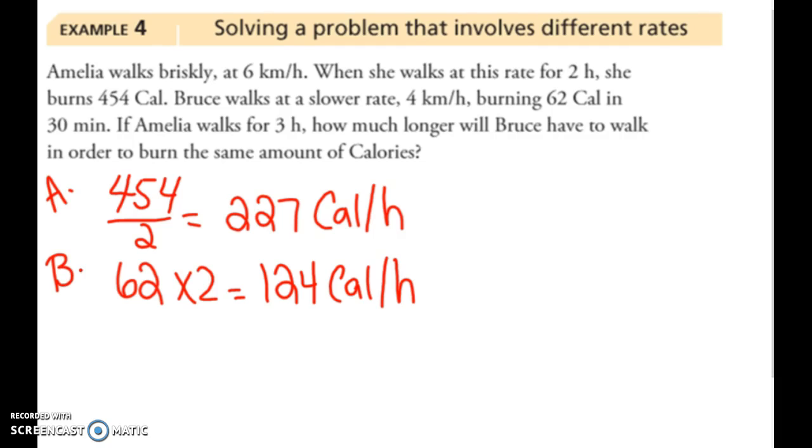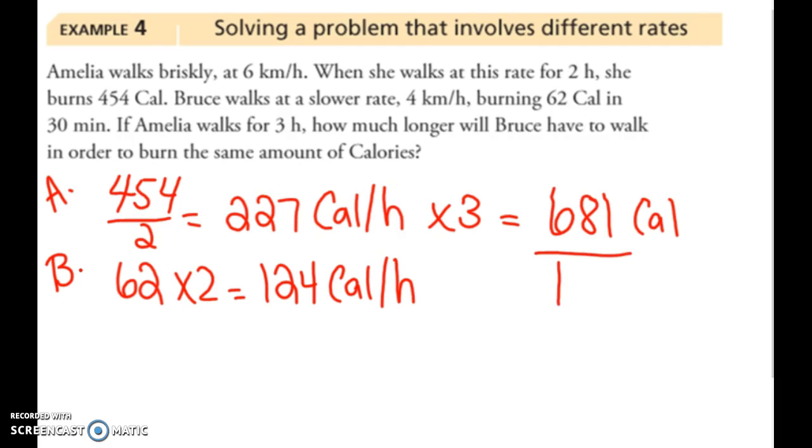If Amelia walks for 3 hours, how much longer will Bruce have to walk in order to burn the same amount of calories? So if she walks for 3 hours, I times this amount by 3, that means she is burning 681 calories. And we know he burns 124 calories per hour.